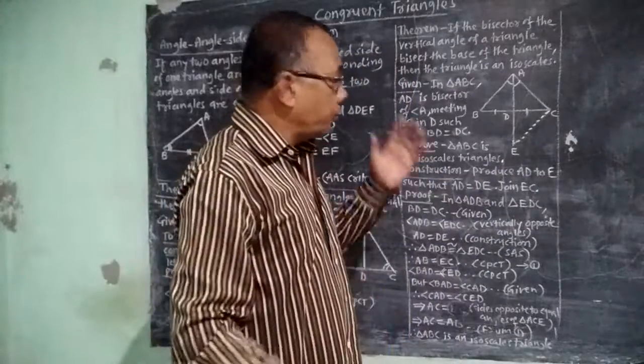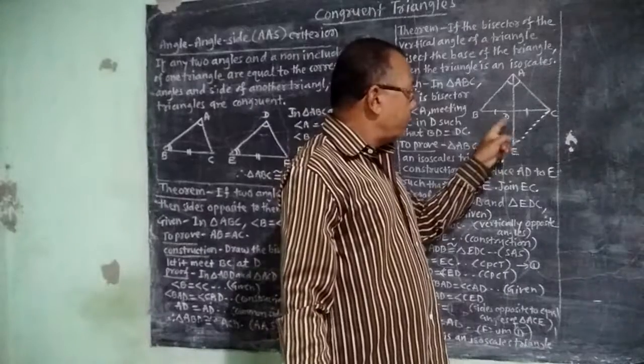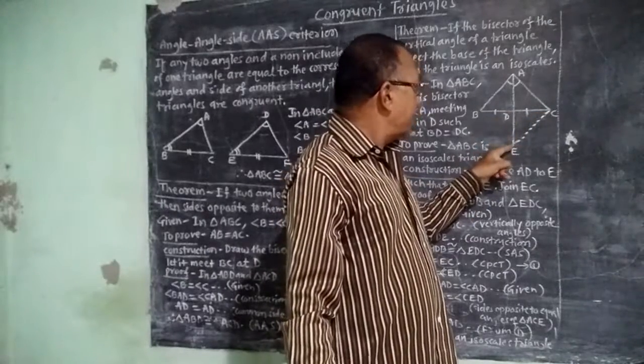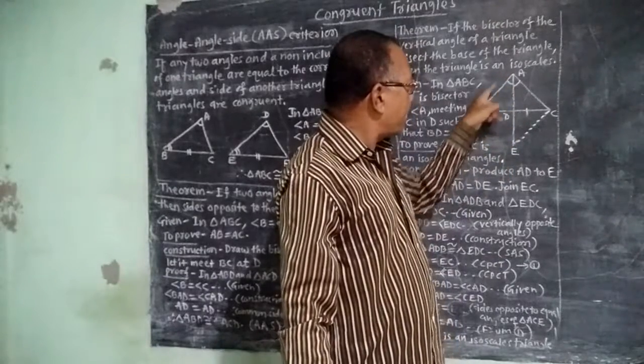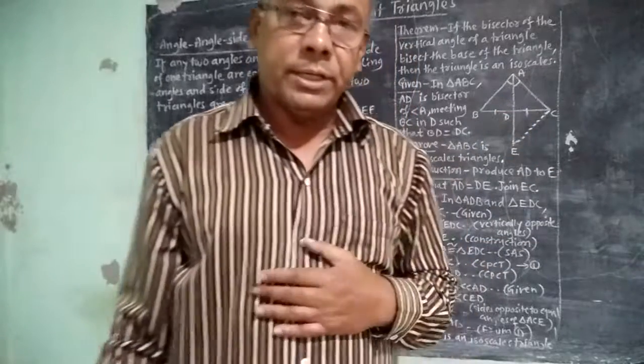And now due to the construction we get two more triangles, that is triangle CDE, as well as triangle ADB and also triangle ADC. So in all, three triangles we got here.